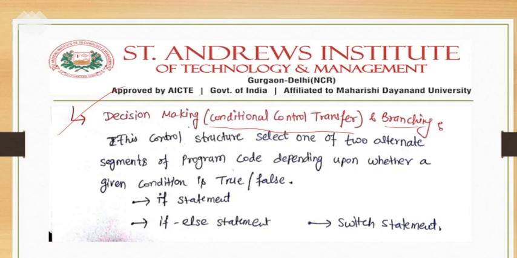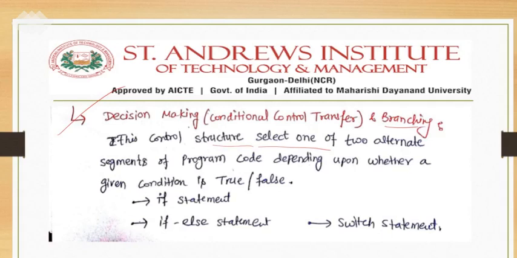This control structure selects one of two alternate segments of the program code, depending upon whether a given condition is true or false. On the basis of the condition being true or false, two alternate program segments are available, and the control structure selects one of them.